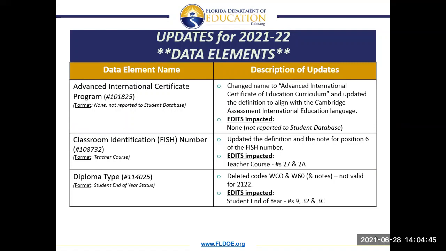Advanced International Certificate. This is not something collected at the state level, but I think it's something that you put on transcripts maybe, but anyway, the previously Advanced International Certificate Program, which is now Advanced International Certificate of Education curriculum.